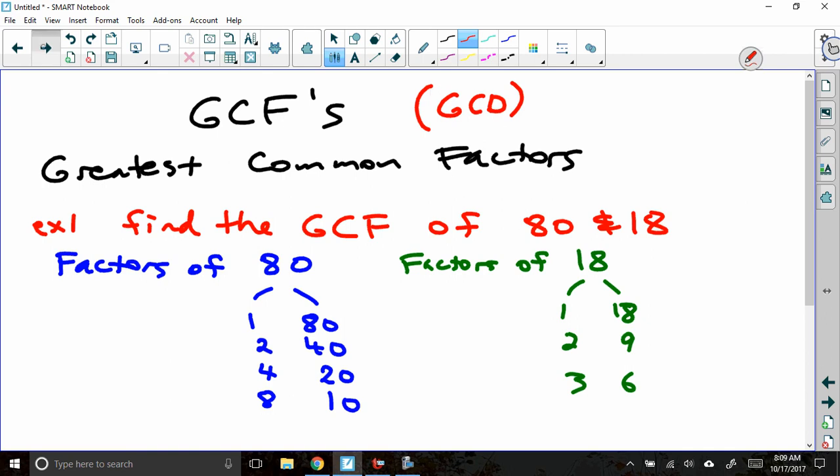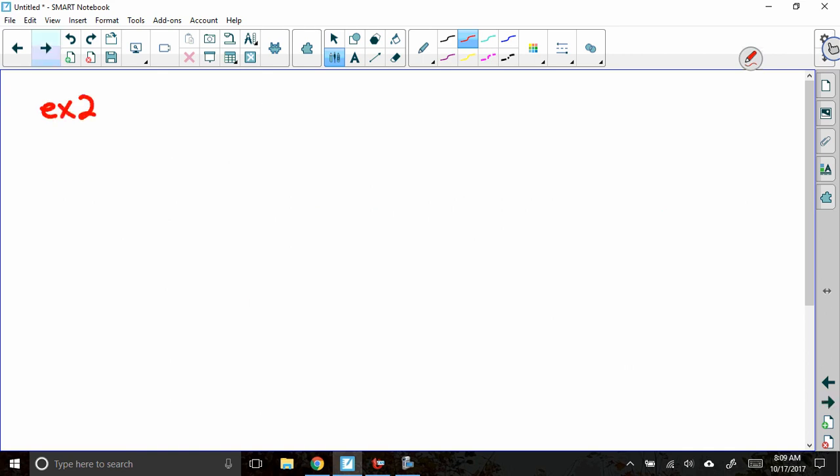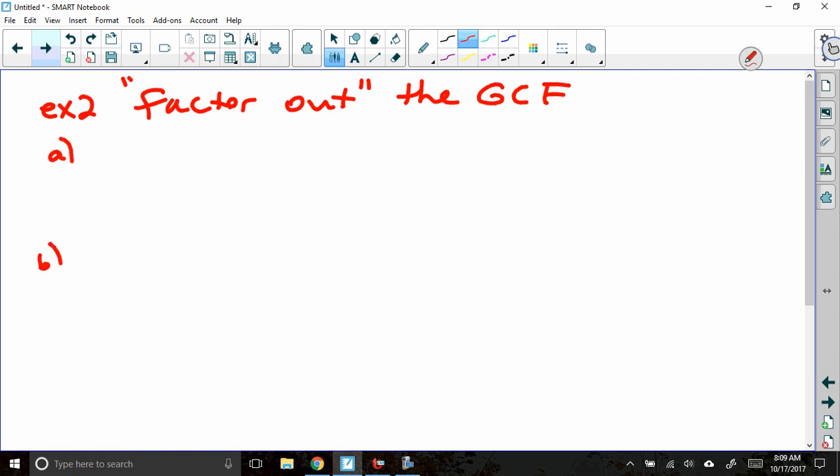So I want to look at example 2. Factor out the GCF. And we'll look at a whole bunch of these. I got 1, 2, 3, 4. So we'll look at example 2, part A, part B, part C, and part D. Part A is going to be 6x squared minus 18x.